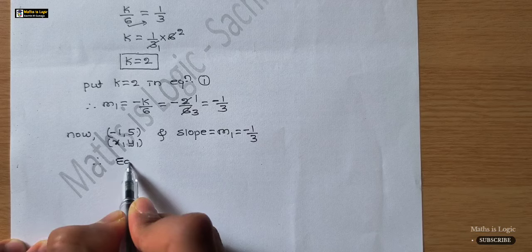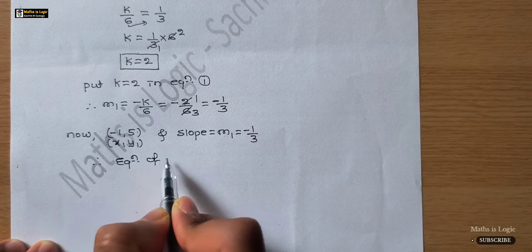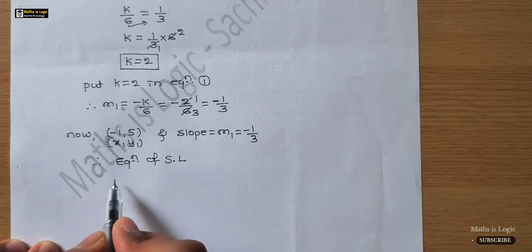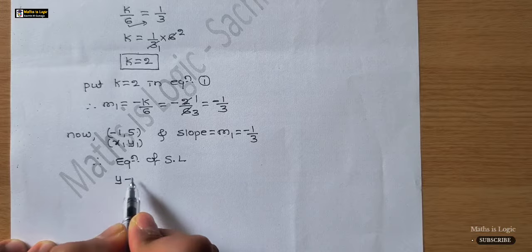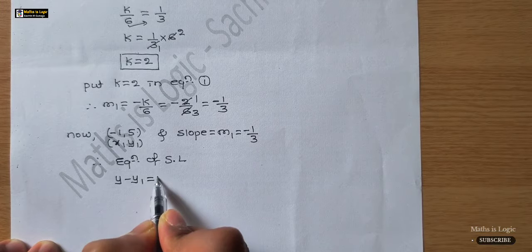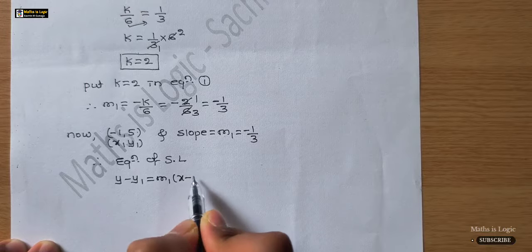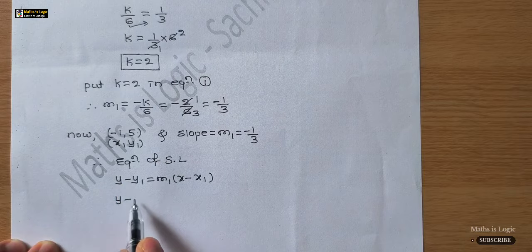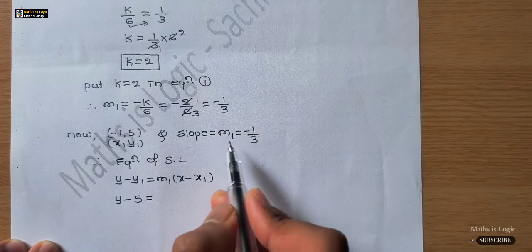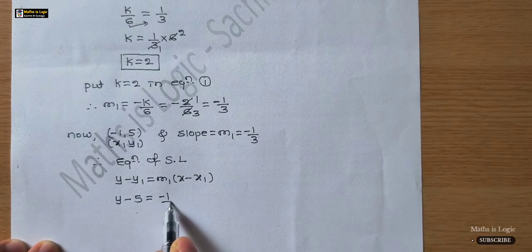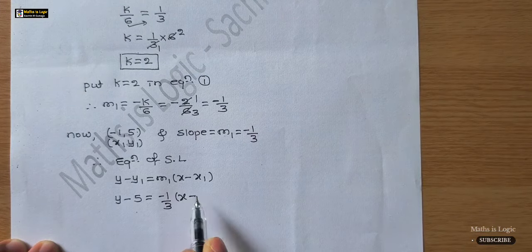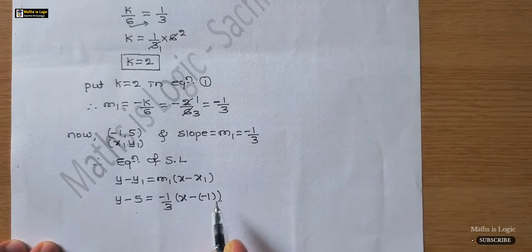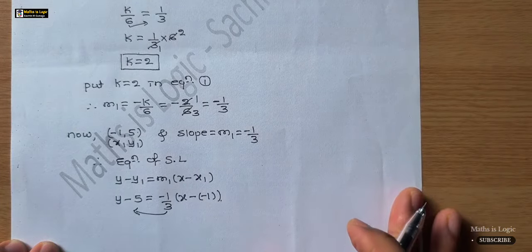Now find out the equation of a straight line. So 1 point is there, that's why use the 1 point formula. What is that? y minus y1 is equal to m1 into bracket x minus x1. Substitute: y minus y1 is 5 is equal to m1 is minus 1 divided by 3 into bracket x minus x1 is minus 1.